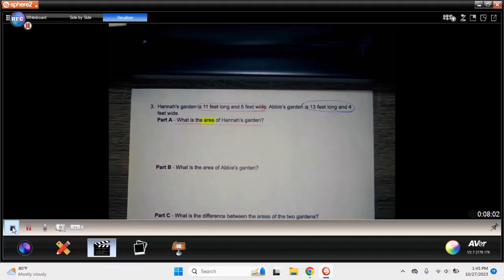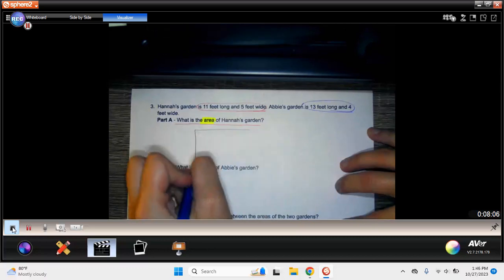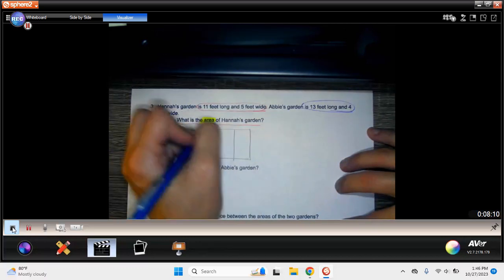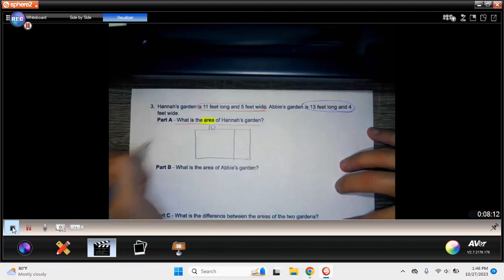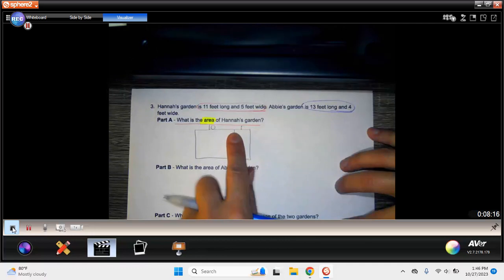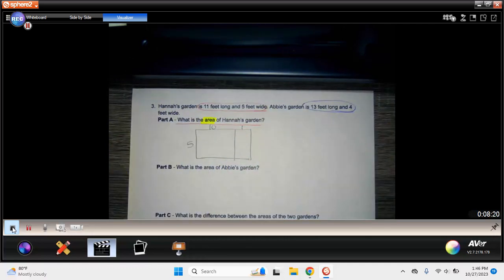So I know by using an area model, I'm going to label this 10 and 1 is 11, expanded out, times 5.